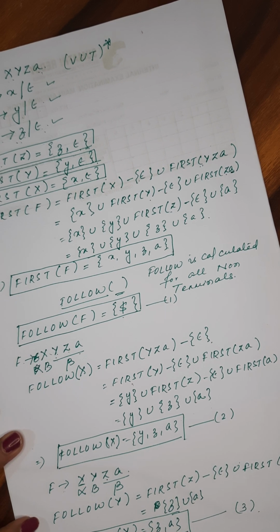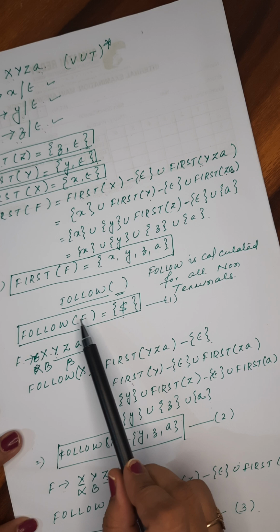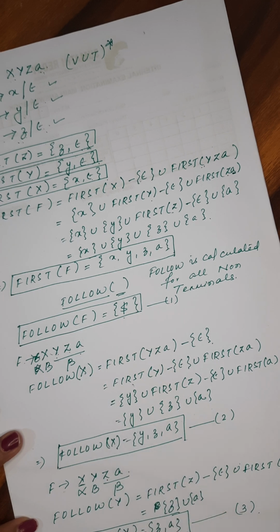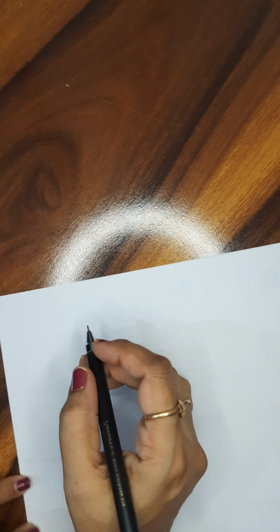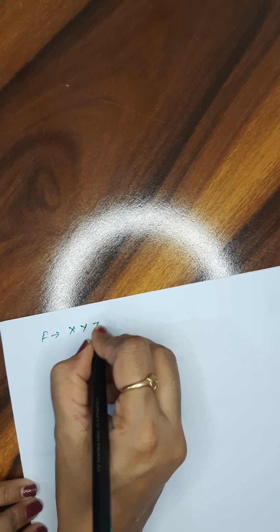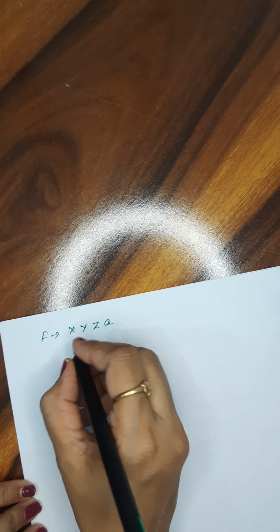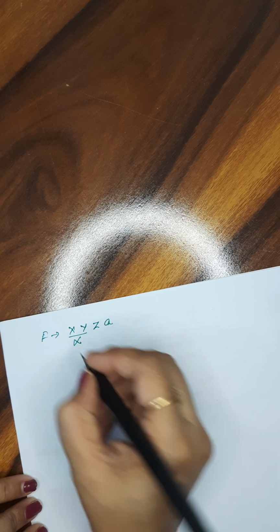Again, how many non-terminals are remaining? See, F done, X done, Y done. Then remaining is your Z. Then for Z also we have to calculate. How to calculate? See, what is the production? The same production is there. F tends to X, Y, Z, A. Now, I will take both X, Y as alpha.